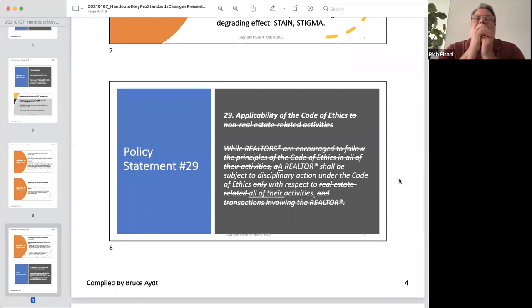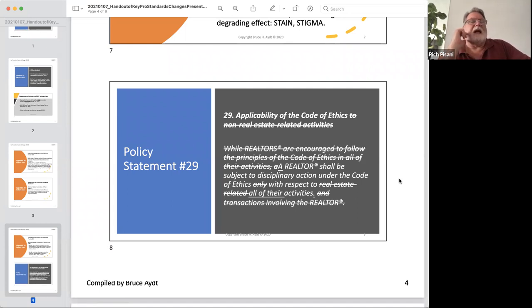Hand in hand with the change in the Code of Ethics, there's a policy statement that accompanies these codes of ethics. This is what was changed, because we always had in the Code of Ethics Article 10, which is that you couldn't discriminate, and this is what the policy was.